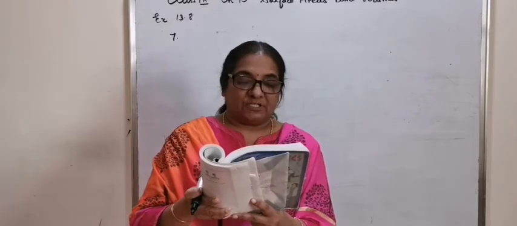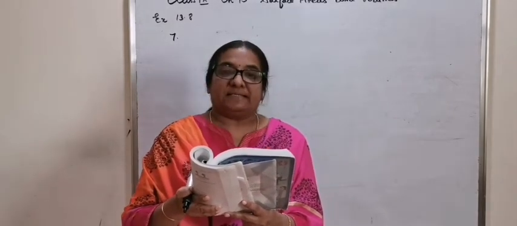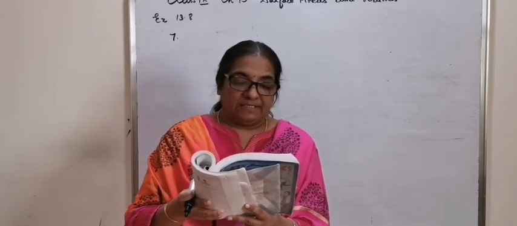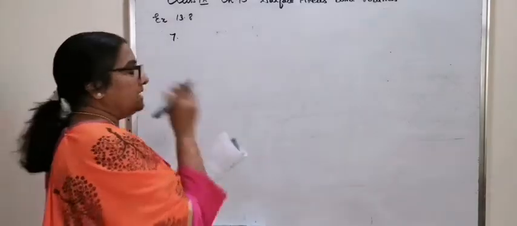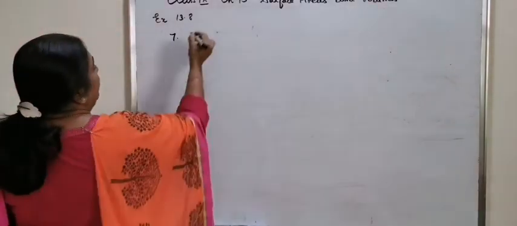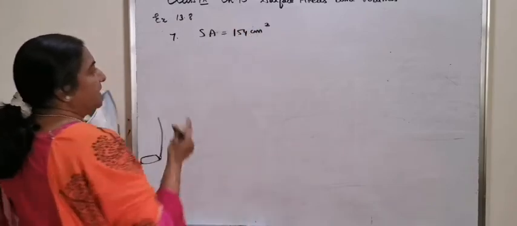Question number 7. Find the volume of a sphere whose surface area is 154 centimeter square. Surface area is equal to 154 centimeter square.